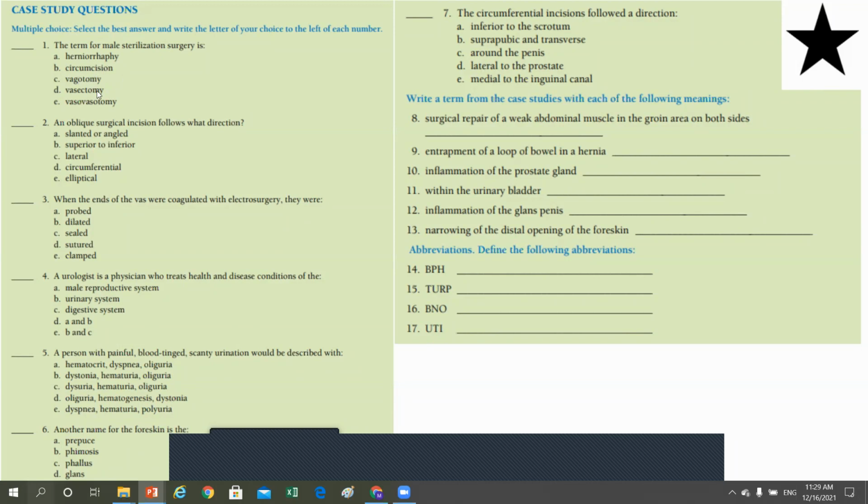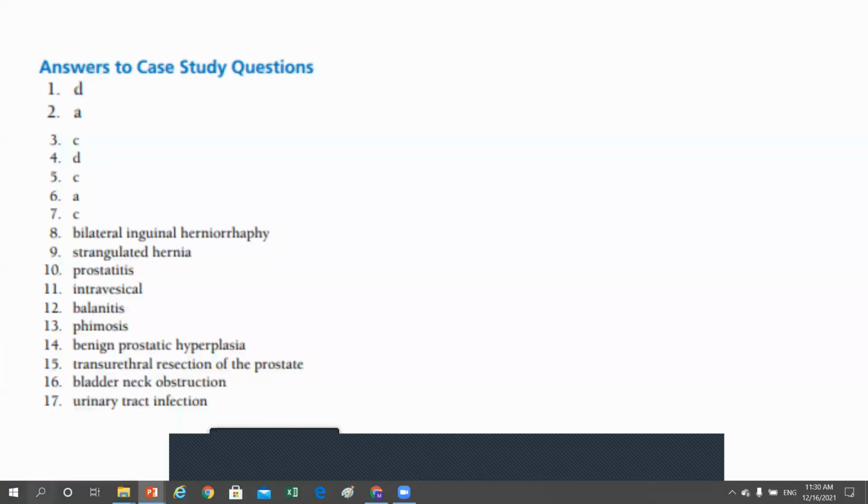Herniorrhaphy, circumcision, vagotomy, or vasectomy, or vasovagectomy? Out of these, what should be the answer? Now you should know it. You revise the previous slides, but the key is there over here also.